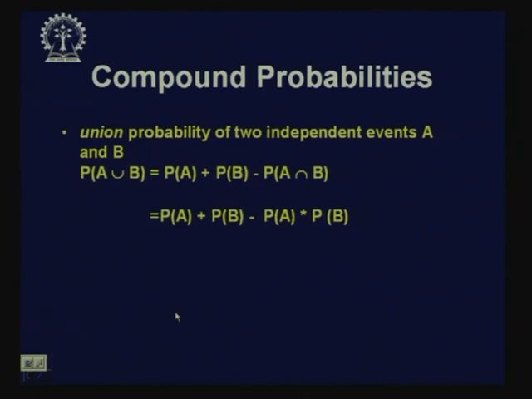Similarly, A or B, that is the union probability of two events, will be P A plus P B, the probability of A plus probability of B minus the joint probability when they are occurring together.